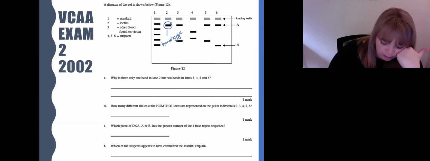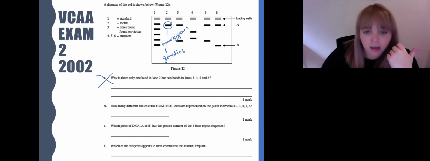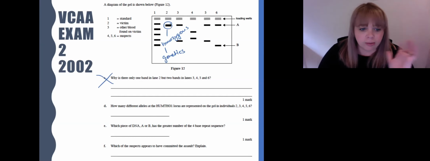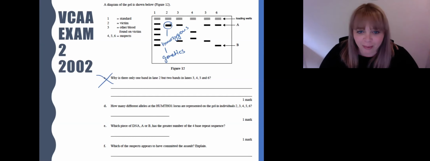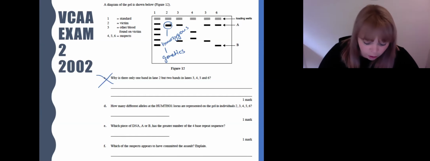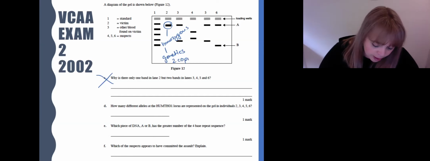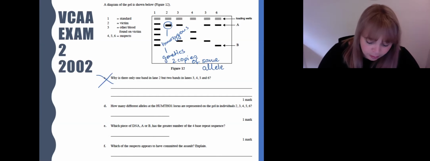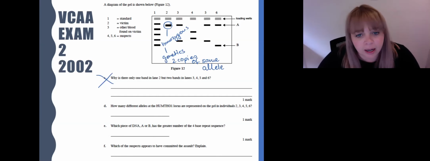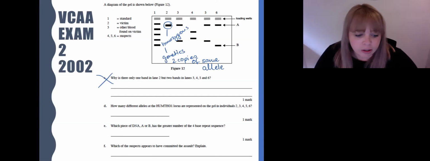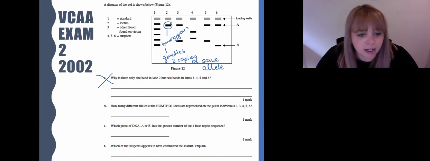If you remember from your genetics further back, so you don't need to know this question, but I like to go through it anyway. So it's homozygous from way back in genetics. It means they have 2 copies of the same allele or same form of the gene, whereas all the rest of them must be heterozygous. So how many different alleles are represented?